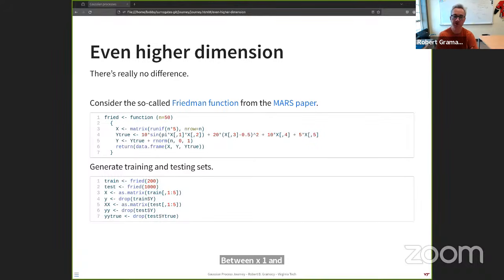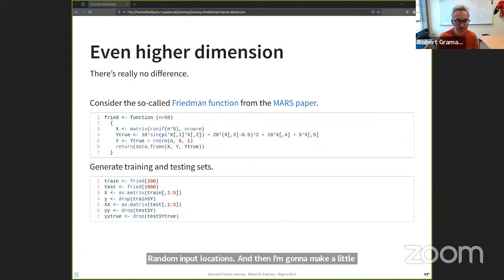There are 2 linear terms. I'm observing this function with some noise. I'm going to train on 200 uniformly random in the input space examples, and then I'm going to make a test or predict for you on 1,000 random input locations. And then I'm going to make a little comparison in terms of accuracy.